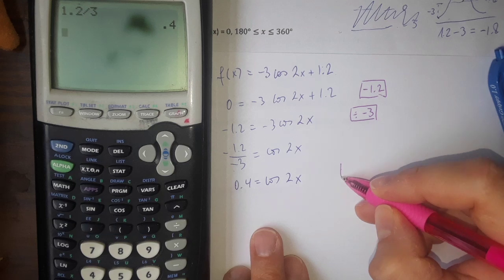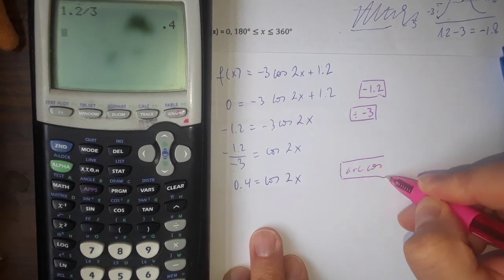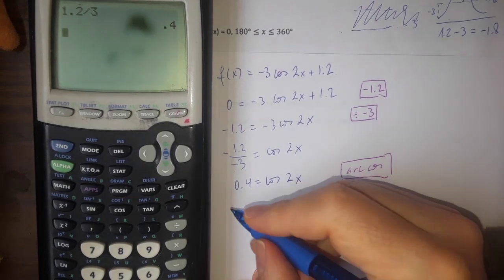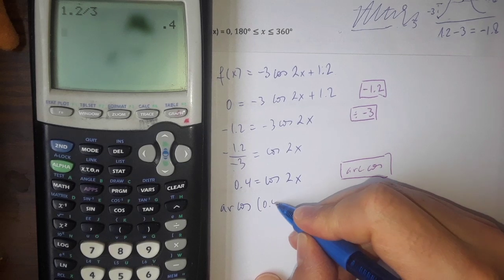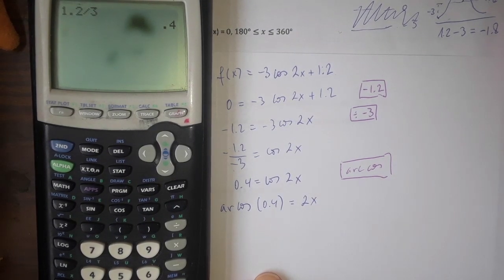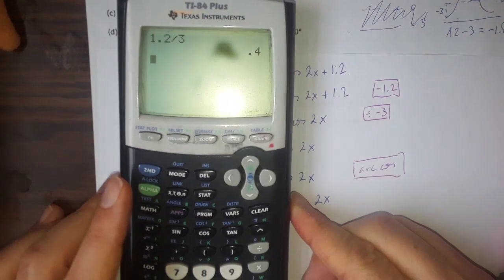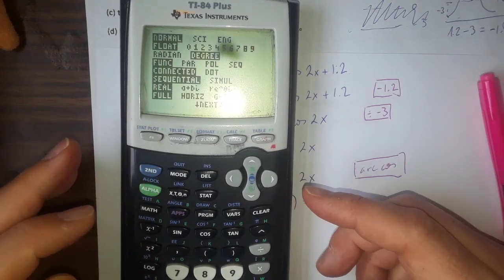Then we have to take the arc cosine, so the inverse cosine of both sides. We're going to have arc cosine of 0.4 equals 2x, right? Then we have to do this with the calculator. Let's make sure the mode is in degrees. It is in degrees.